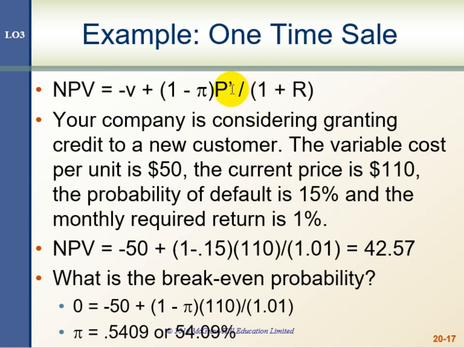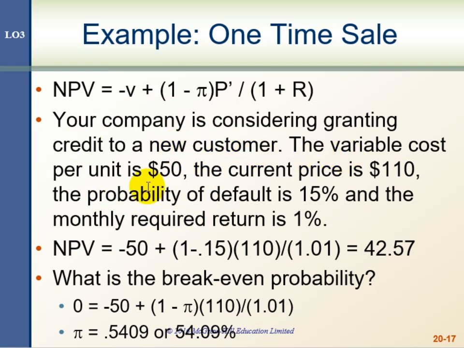Of course, we don't collect P prime until the end of the month, so we pay for the inventory up front and we collect the price at the end of the month, given that they're part of the 85%. And so we're discounting by 1 plus R because it's 1 period from now. R is the required rate of return for 1 period.